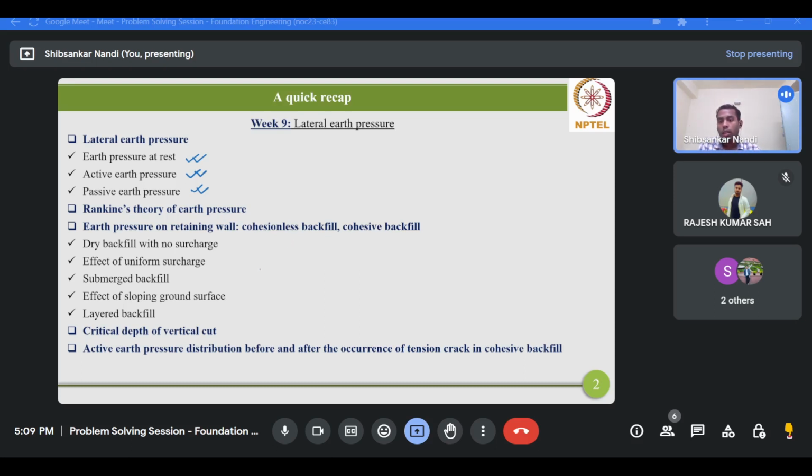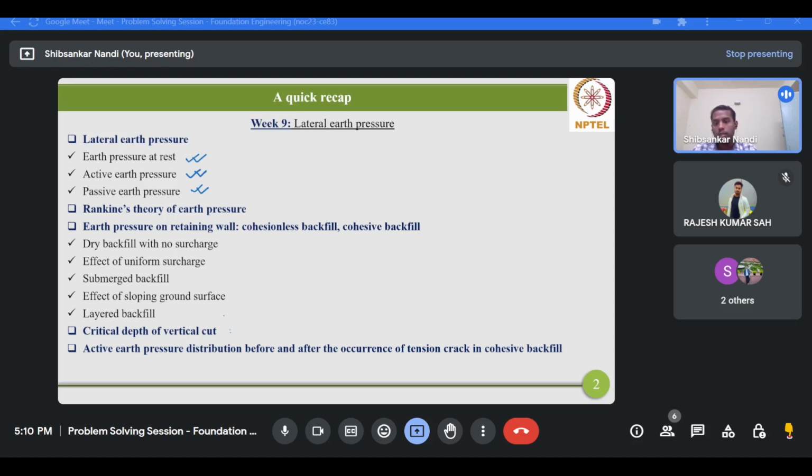Subsequently, we have also learned about the critical depth concept, the critical depth of a vertical cut, which is specifically valid for a purely cohesive backfill, and the distribution of active earth pressure before and after the occurrence of tension crack in cohesive backfill. We have some knowledge about this tension crack from previous sessions.